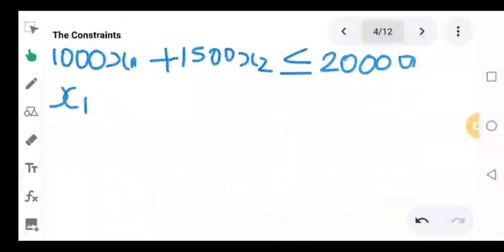It has to be less than or equal to 1. Number of messages in media A is represented by x1, that's why I wrote it in this way.